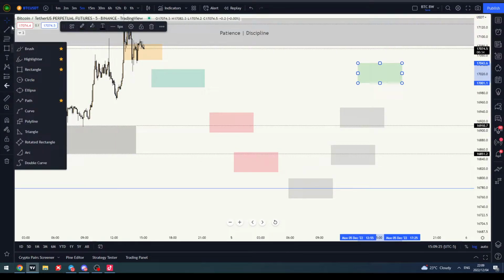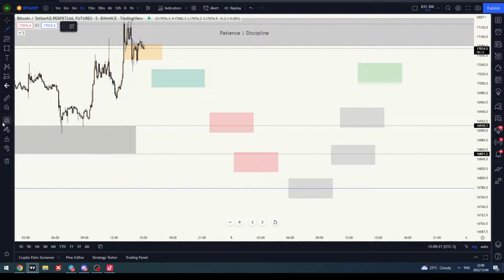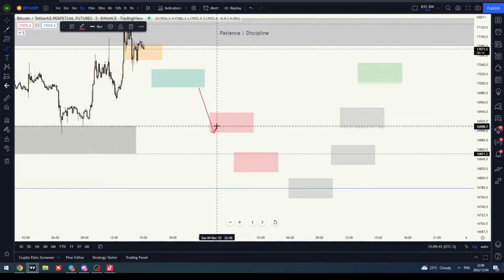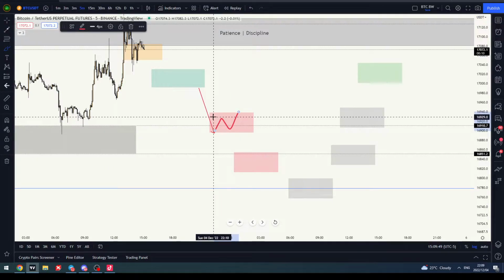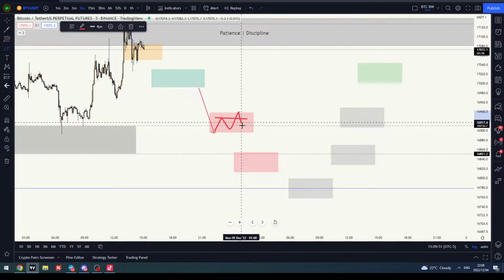So you would move from here to here. Now within here, you're going to get price wanting to take internal range liquidity, which means it can do something like this, run the internal range stops, and then continue down.